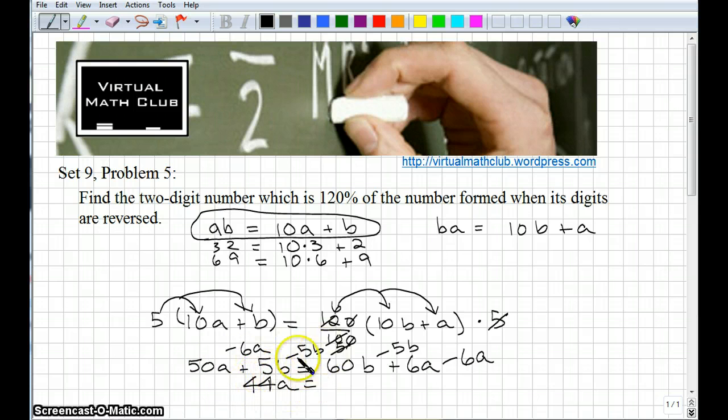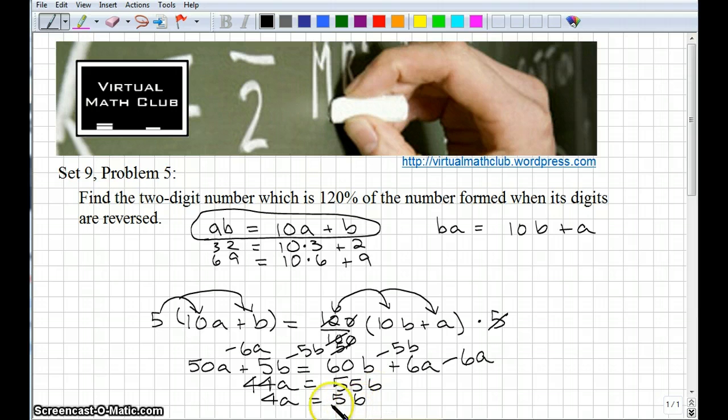We don't have any more b's because I subtracted 5b from 5b. 60 minus 5 gives us 55b. So I've got 44a is equal to 55b. Now I'm obviously seeing an 11. I can divide both sides by 11, and that will give us 4a is equal to 5b.